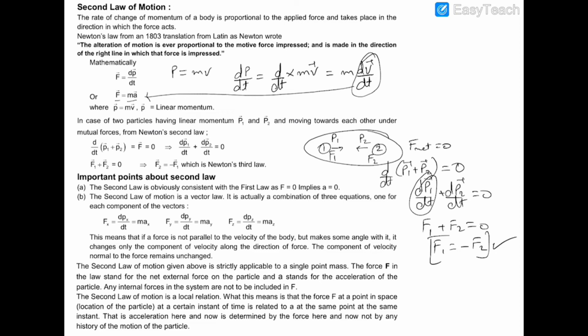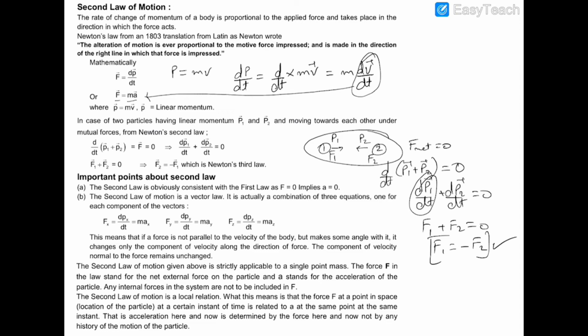Now we are discussing some important points about the second law. The first point is that the second law is obviously consistent with the first law, as F is equal to 0 and a is equal to 0. We have already discussed that if no force is acting on a body or a system, then its momentum will not change.